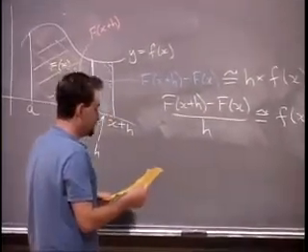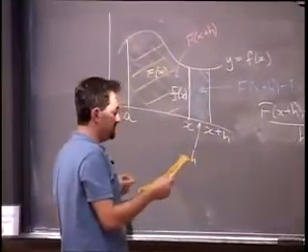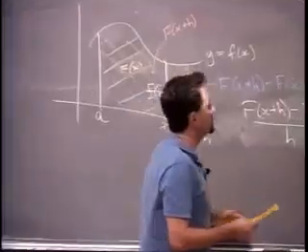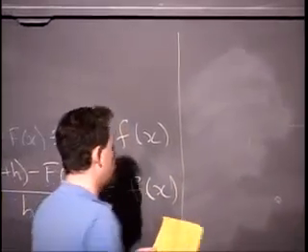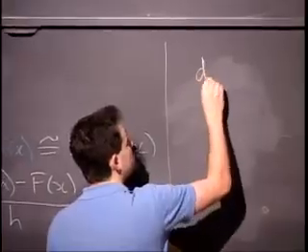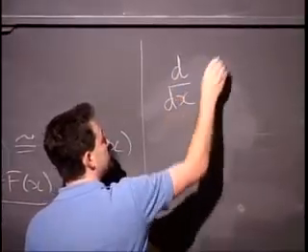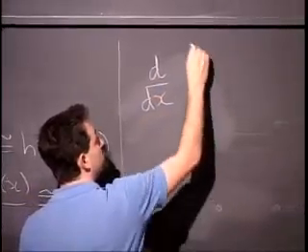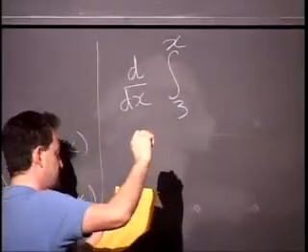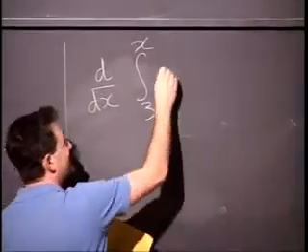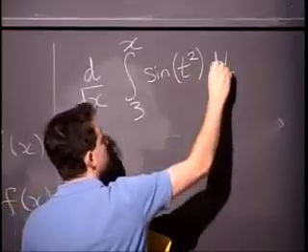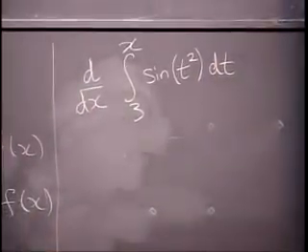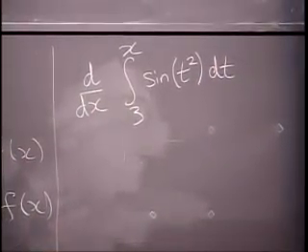Okay. So, just as a really quick example, this is actually an example from section 17.5. I'm going to come back to many more examples, but I just want to examine a specific example so you can get a flavor for it. If I write down something like this, the derivative with respect to x of the integral from 3 to x of sine t squared dt.